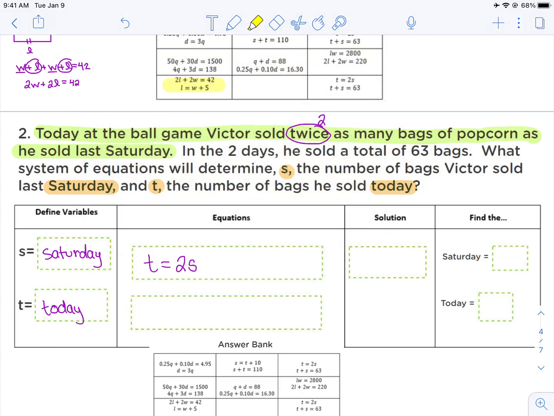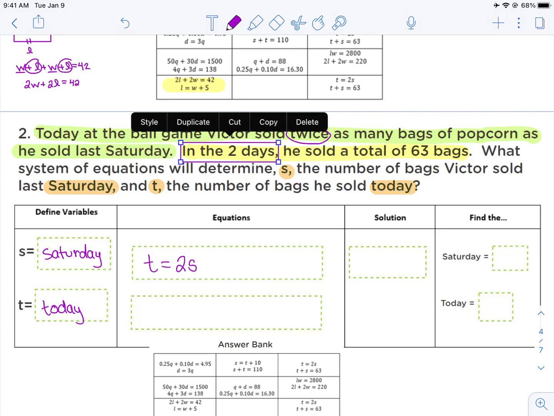In the 2 days, he sold a total number of 63 bags. Now, this statement right here, in the 2 days, has been throwing people off, okay, because they think it has some importance. All that is telling you is in the 2 days we're talking about, meaning today and Saturday. It has nothing to do with our equations, so this is irrelevant, and it's there to confuse you, okay?